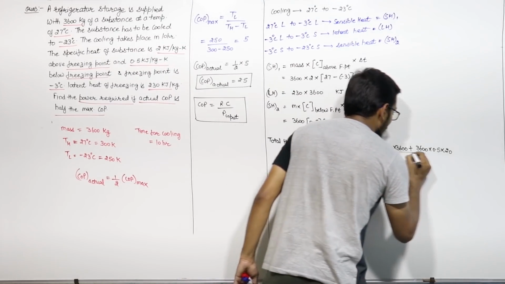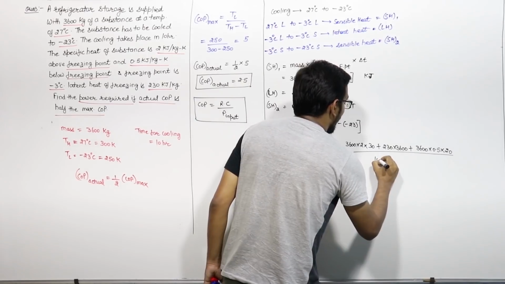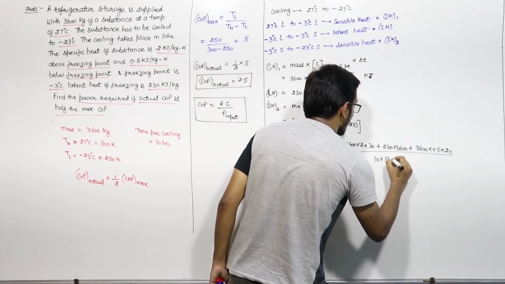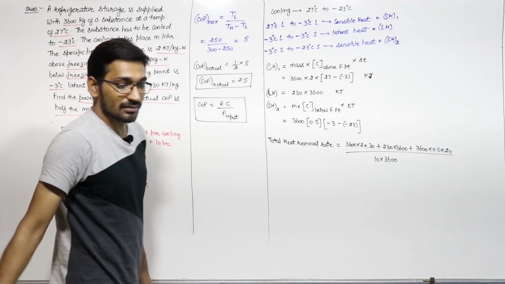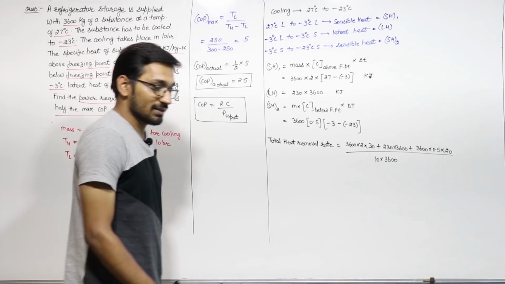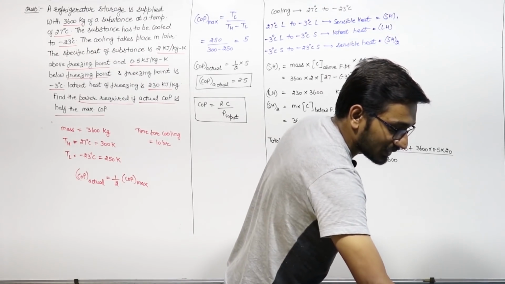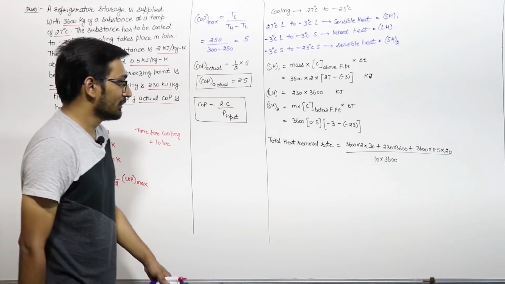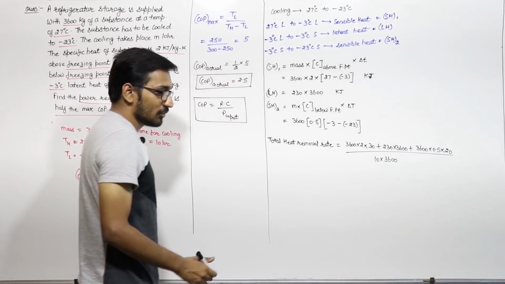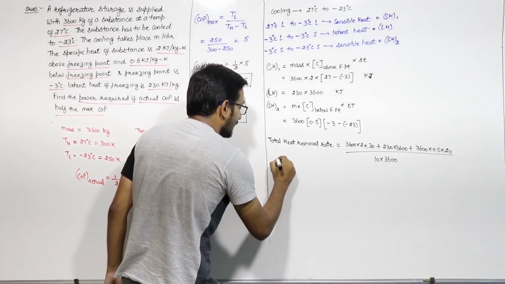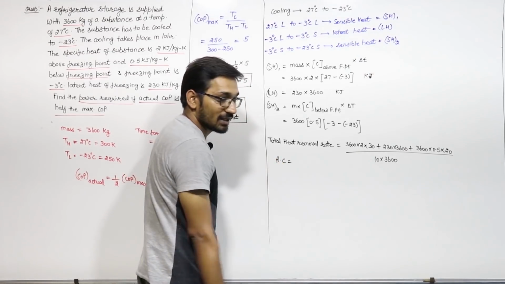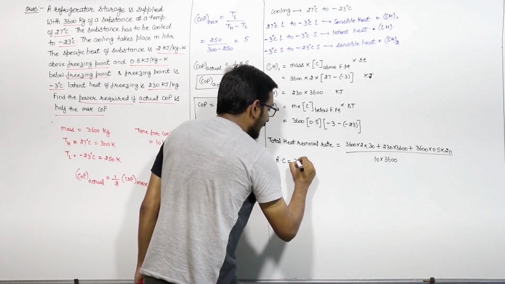So the heat removal rate will be divided by 10 hours, and in 1 hour we have 3600 seconds, right? 10 into 3600. So if you solve this, you will get the total heat removal rate, which is the refrigeration capacity. The refrigeration capacity will come out 30 kilowatt.